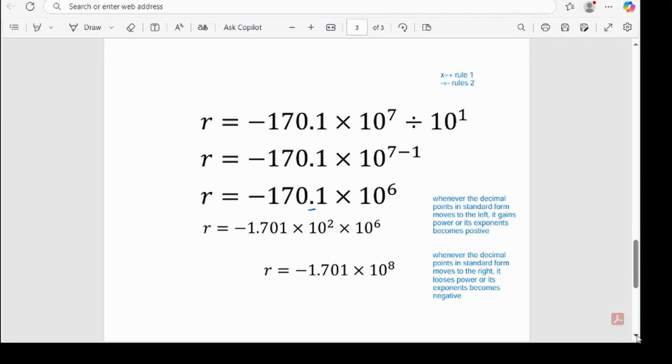So in order to simplify the standard form, you are going to get R equals negative 1.701 times 10 exponent 2 plus 6. So the exponents are going to add on. 2 plus 6 will give you 8. So our final answer here.